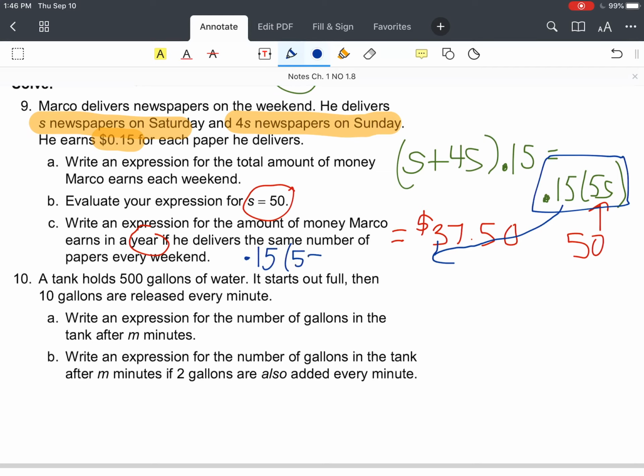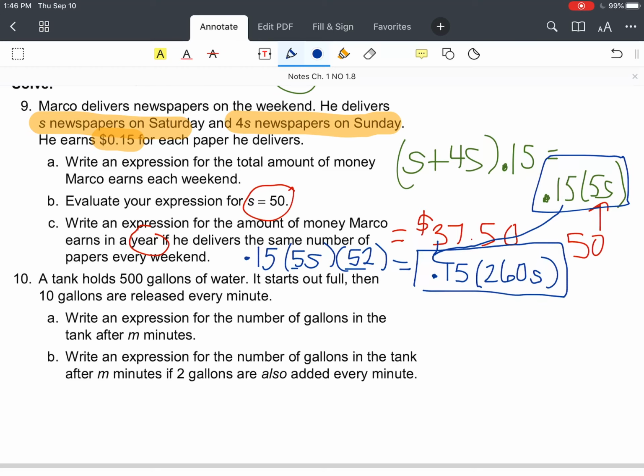So I can take this 0.15 times 5S and multiply it by 52. You can multiply out the 5 and the 52 if you would like, to simplify it a little bit further. So it's going to be 0.15 times 260S. And then that's how you can write your final expression.